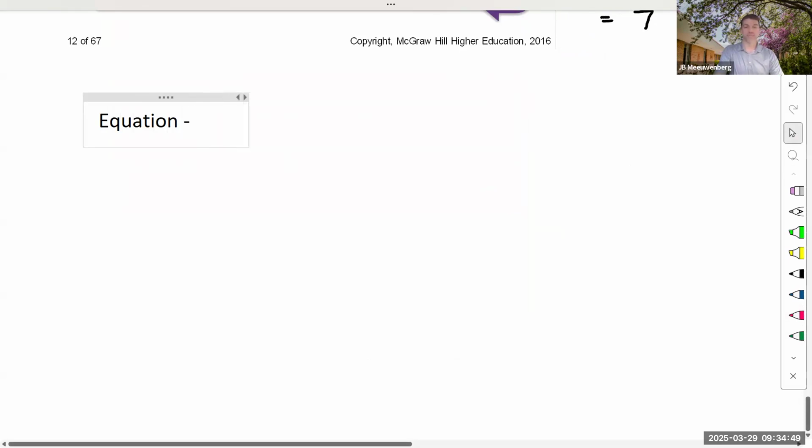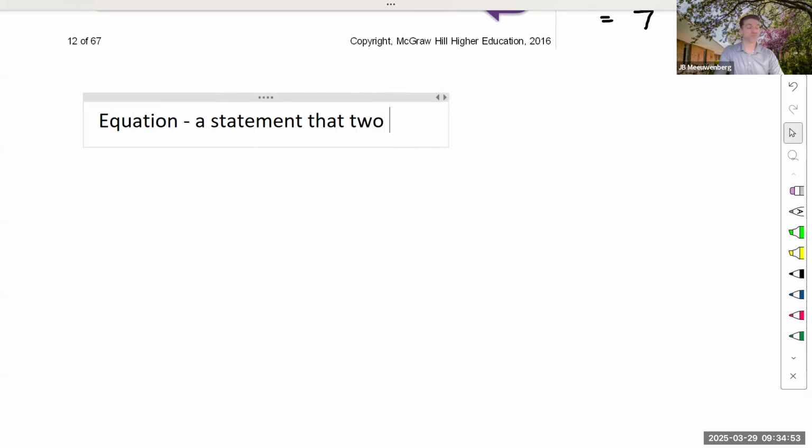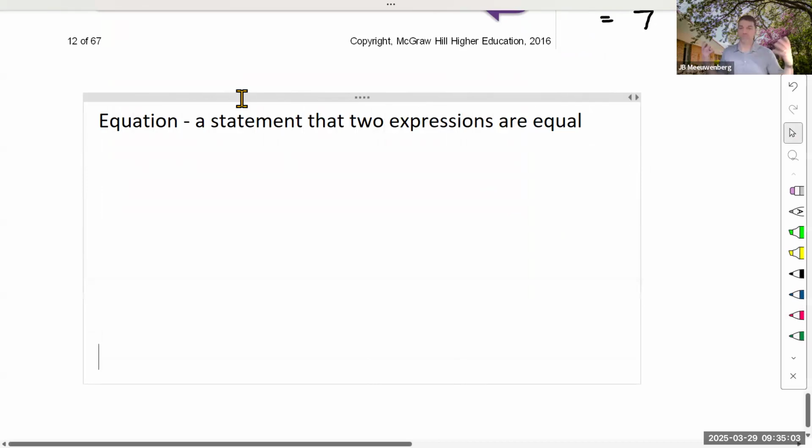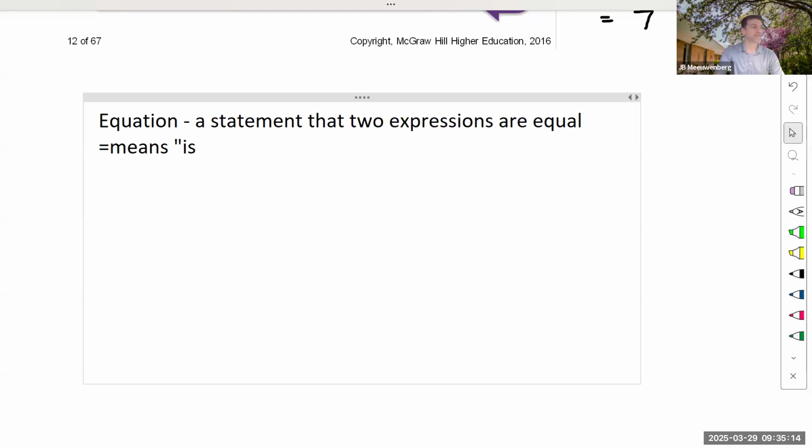An equation is a statement that two expressions are equal. That's all an equation is. The sign we use, equal sign, means is or equals, right?